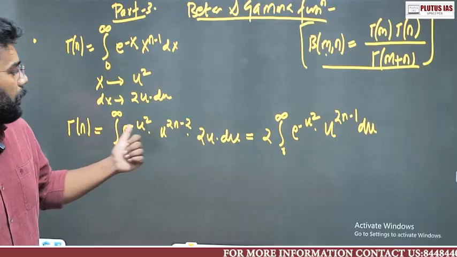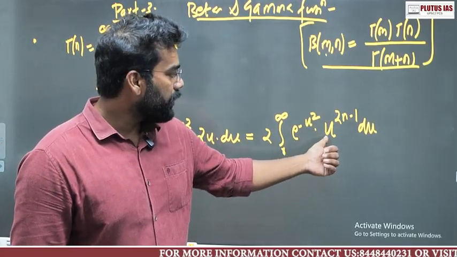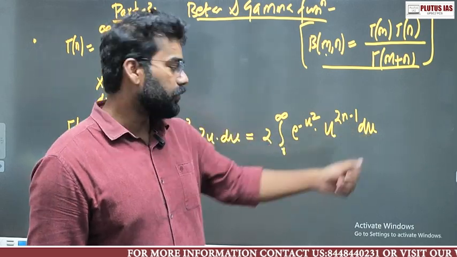So gamma n is 2 times the integral of exponential minus u square and u to the power 2n minus 1 du.